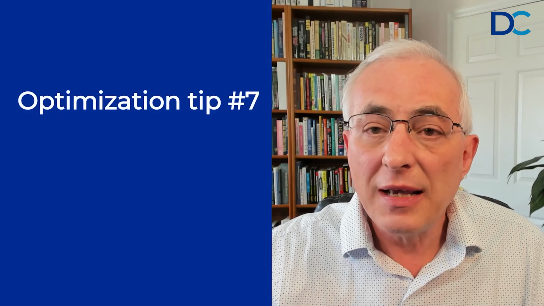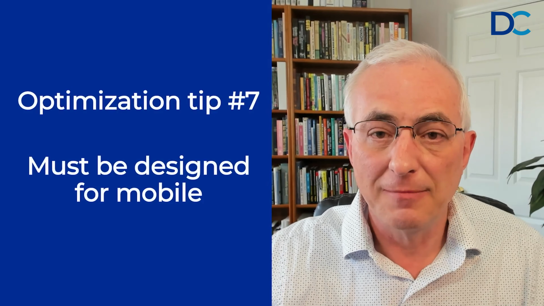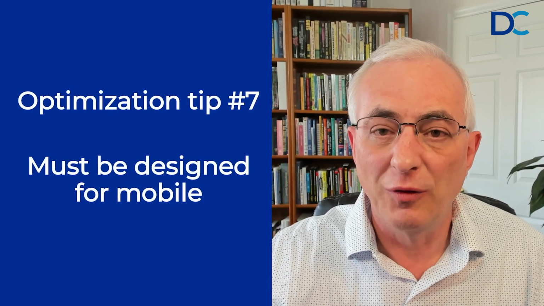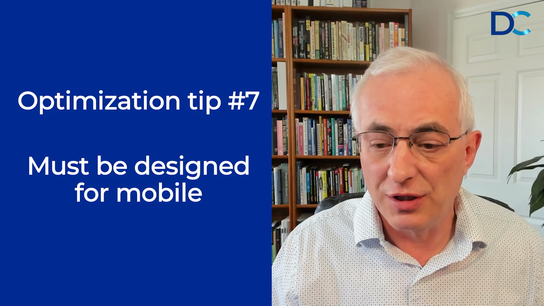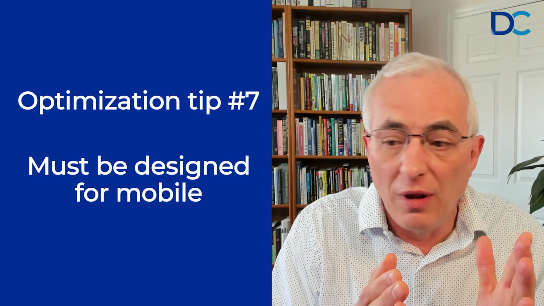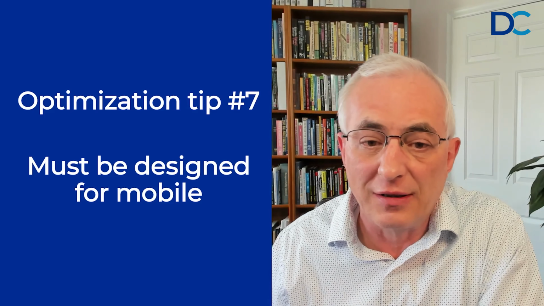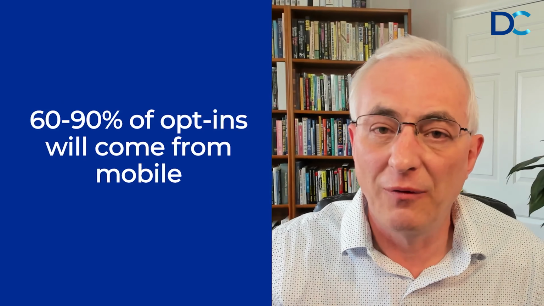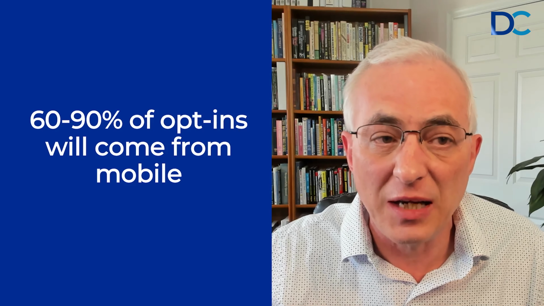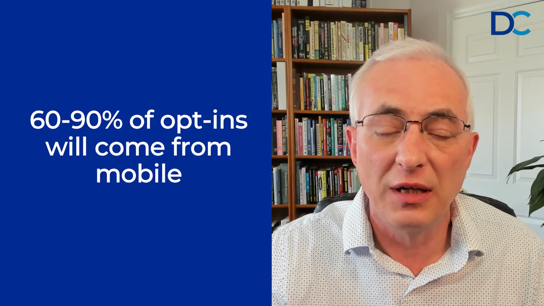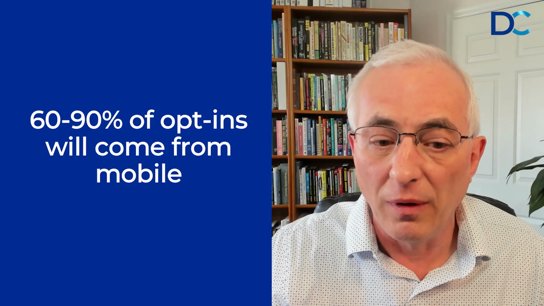Optimization tip number 7. It must be designed for mobile. In fact, I strongly suggest you design it first for mobile, then you go out and design it for desktop. You have to recognize in today's world, 60 to 90% of all the opt-ins you're going to get are going to come from mobile.